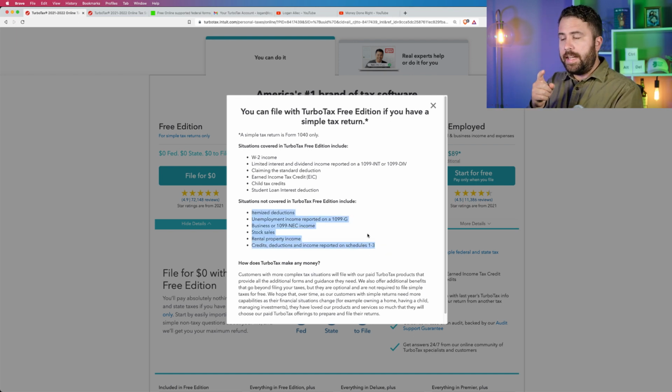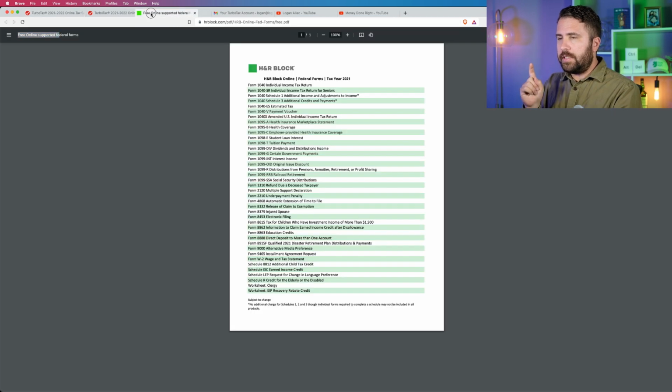One thing I want to say is that H&R Block's free edition actually covers some things that the TurboTax free edition does not. Like, for example, gosh, where is it? I just saw education credits, right? Like the American Opportunity Tax Credit, Lifetime Learning Credit, that stuff. Looks like you can use the H&R Block free edition and take that credit, but you couldn't do that on the TurboTax.